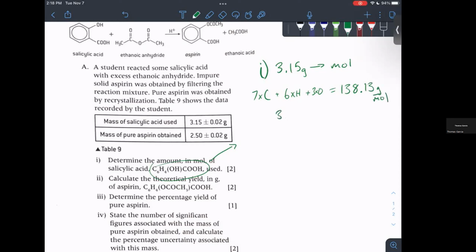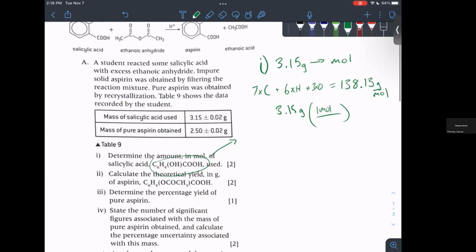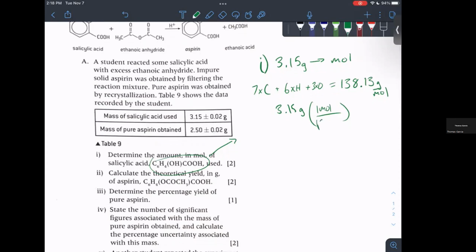So we can take 3.15 grams, do 1 mole on top, and divide by 138.13, and we will get an answer of 0.0228 moles of salicylic acid.